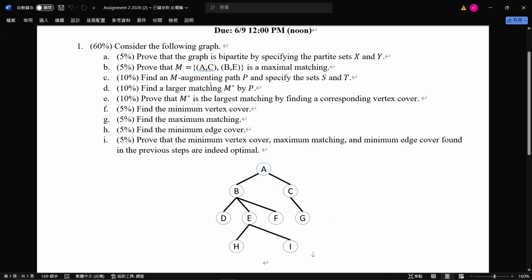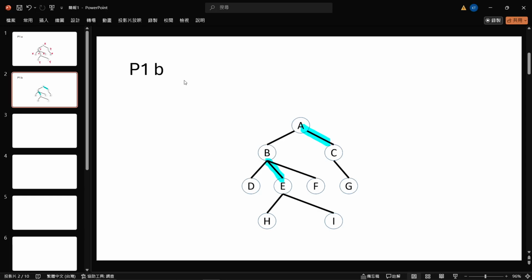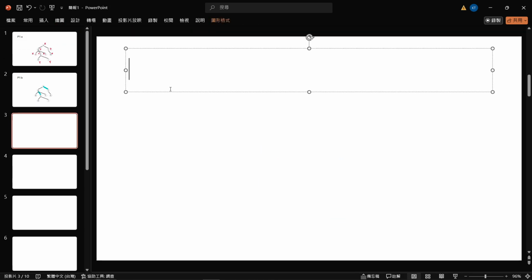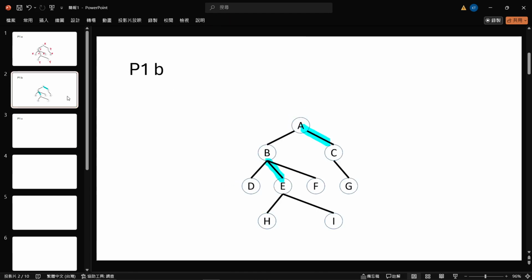Okay, and so the next question is to find an M-augmenting path.